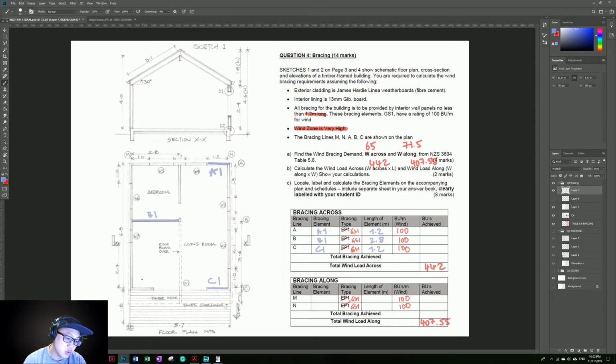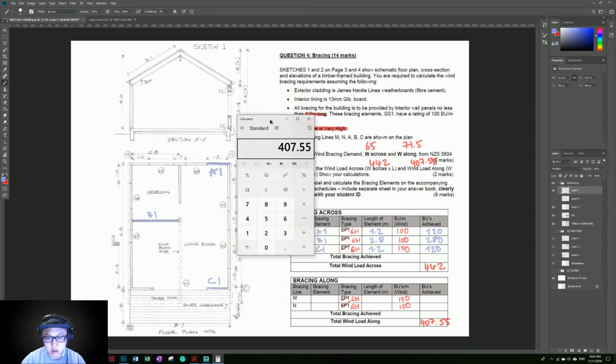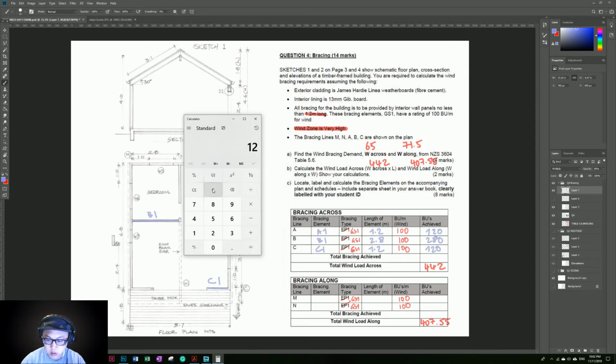You could have put it here as well. It's okay, but you don't need to put both. So now we just do the multiplication: 120, 280, 120, and so the total is going to be 520.